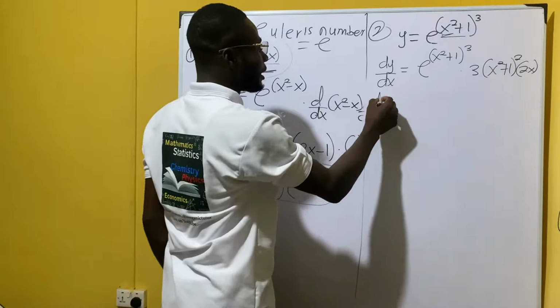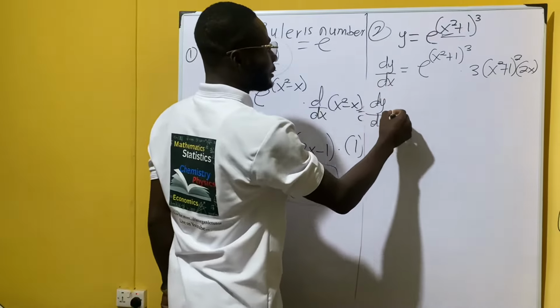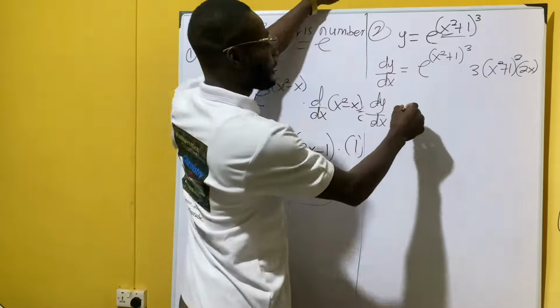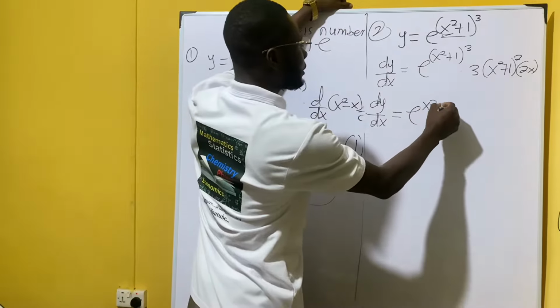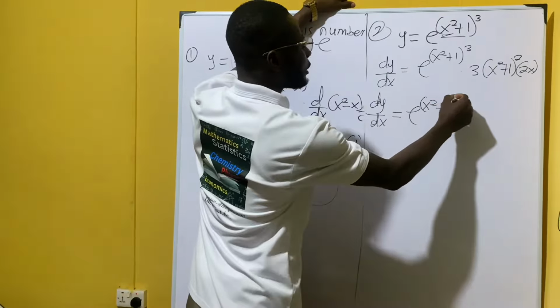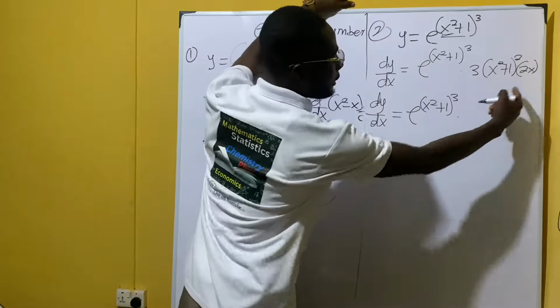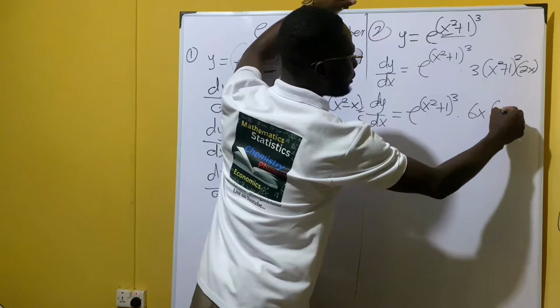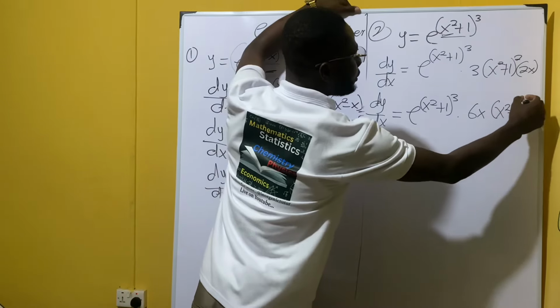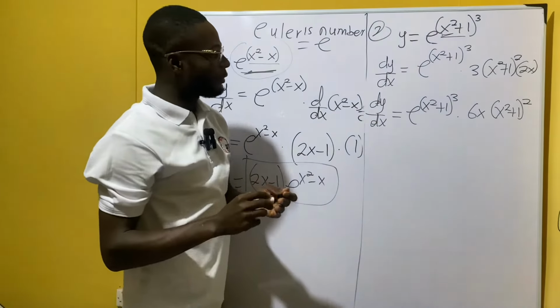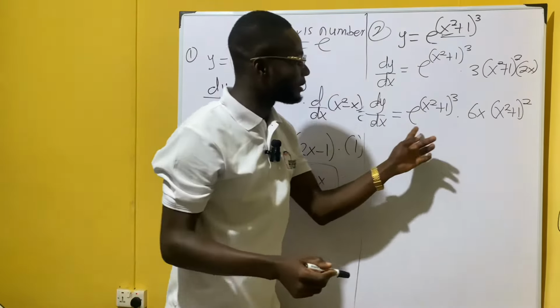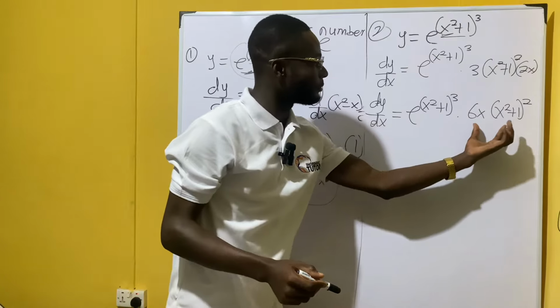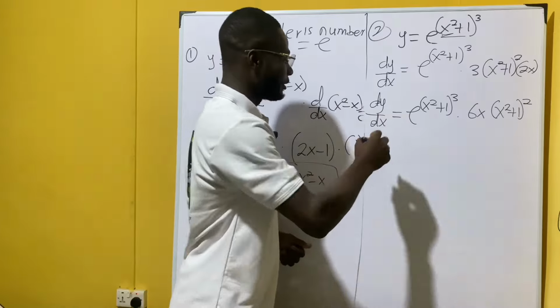So we have dy dx is equal to e power x squared plus 1 cube. Then this, of course, is going to be 6x into x squared plus 1 squared. So we can bring the 6x here and send the exponent back there.